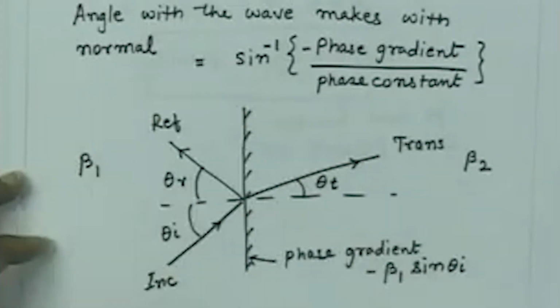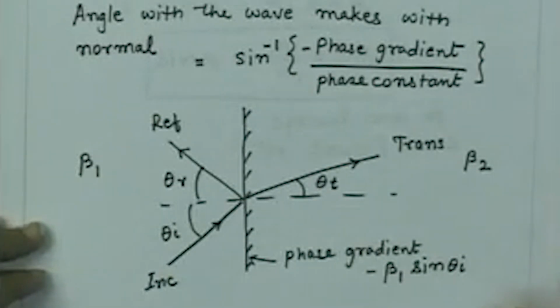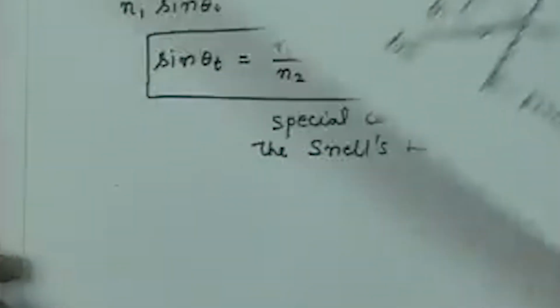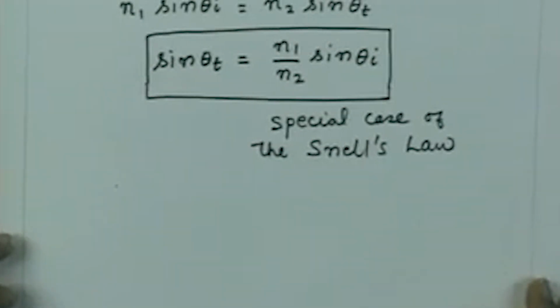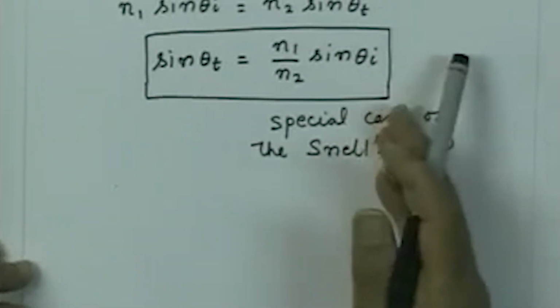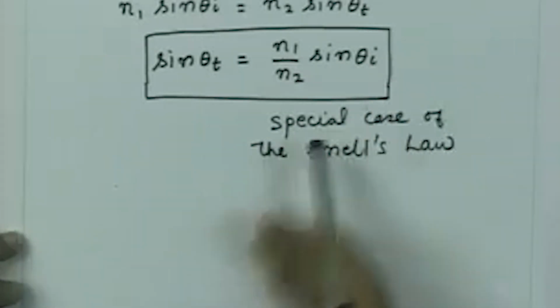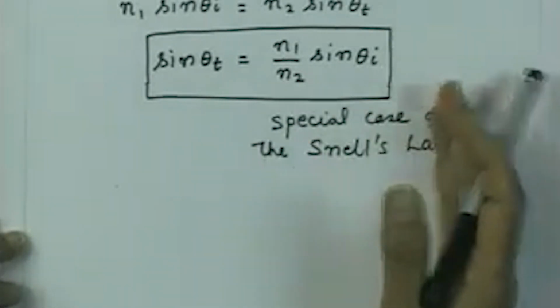That gives me the angle with which the wave will be traveling in that medium. So, using this, we established the laws of reflection and also Snell's law, which gave the relationship between the incident and the transmitted wave.